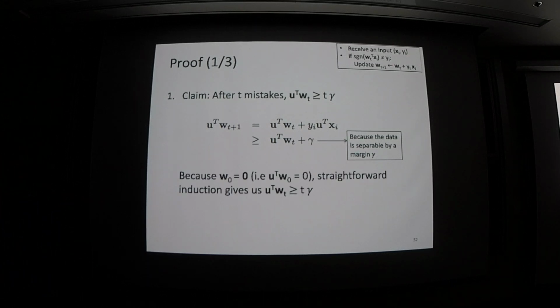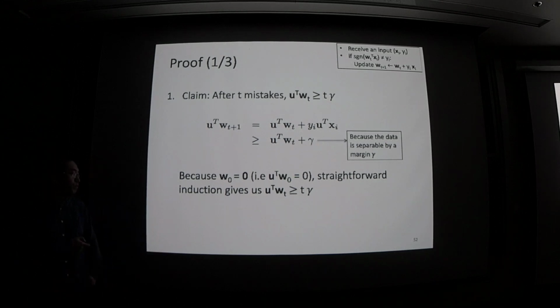Now the next step in the induction is to look at the initial step. At the very beginning, w0 is 0, because we initialize our weight vector to be full of zeros. So w0 is 0, and then u transpose w0 is 0. And obviously we can do one more step.